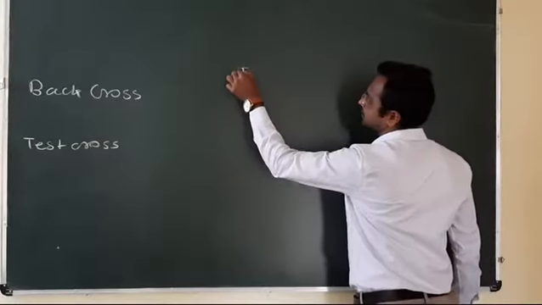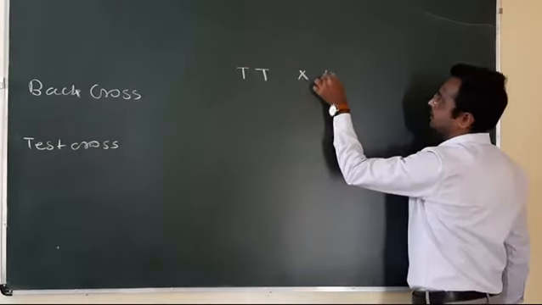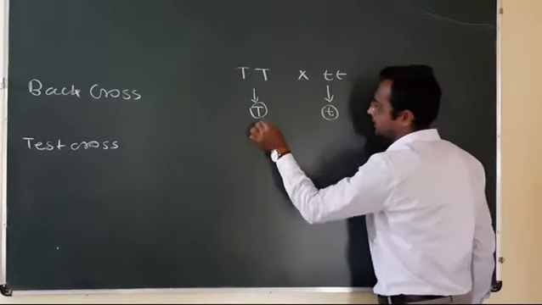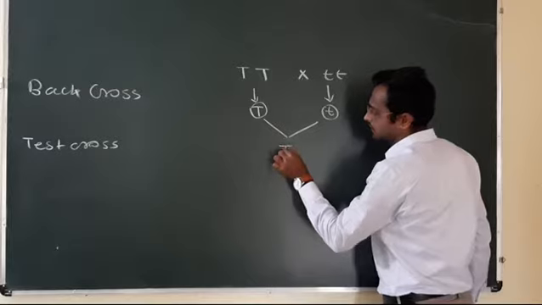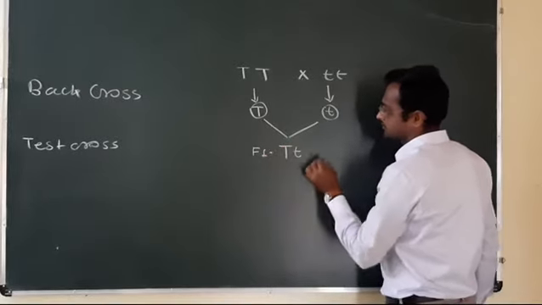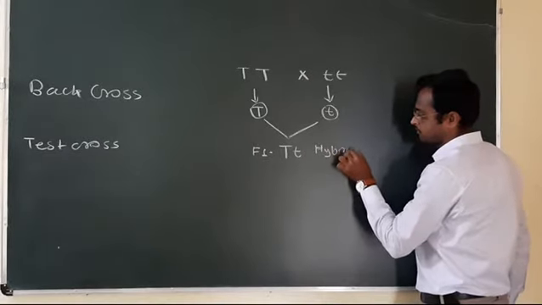In the monohybrid cross, a capital T tall plant is crossed with the dwarf plant, small t. The gametes formed are capital T and small t, and in the F1 generation, capital T small t. This is the F1 generation, the hybrid tall.